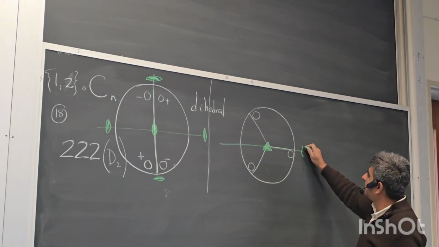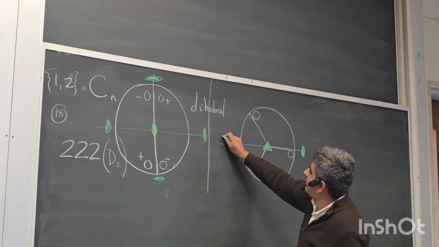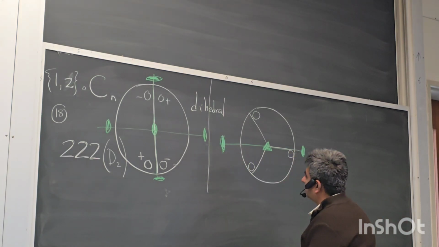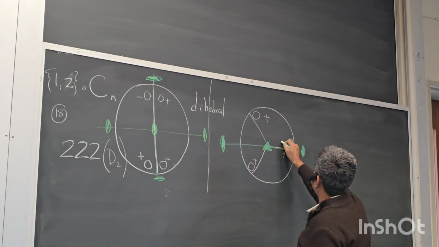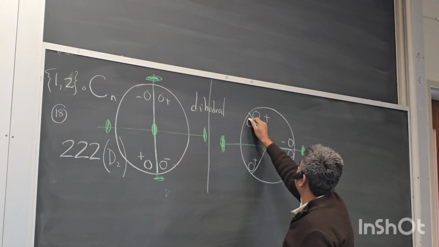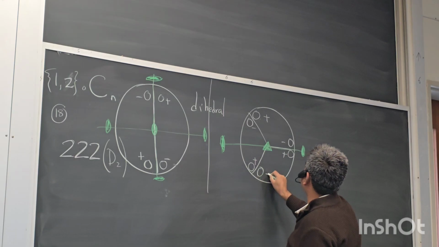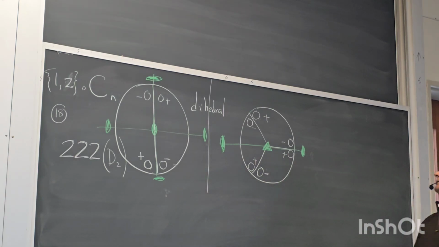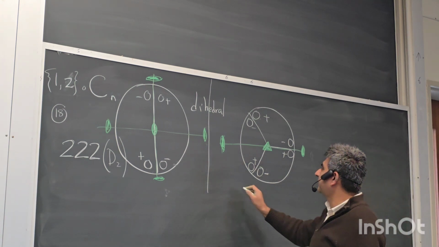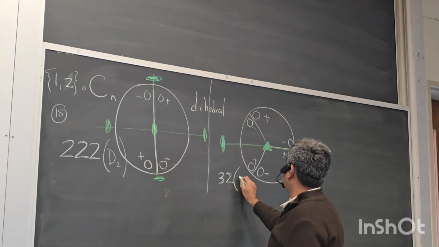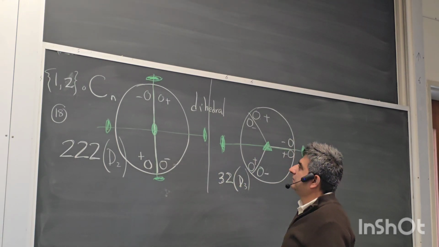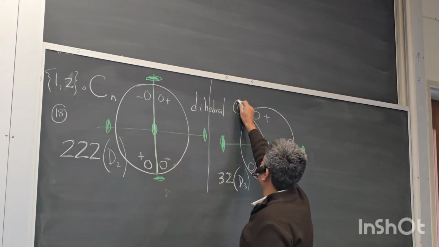So suppose this is a new dihedral axis. All of these are positives per se. This would become negative, negative. This would go here. This would go here. Correct? So now the symbol for this will be 3 2, 3 2. This is group number 19.